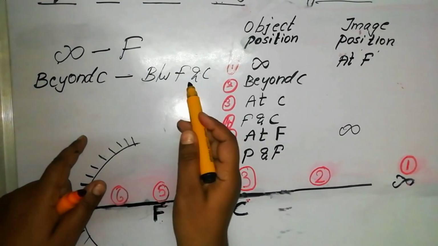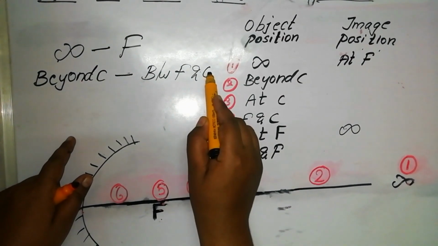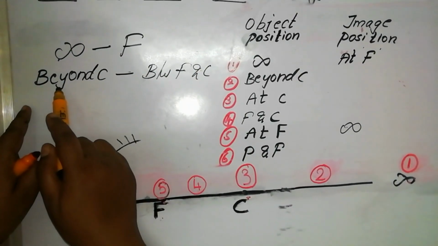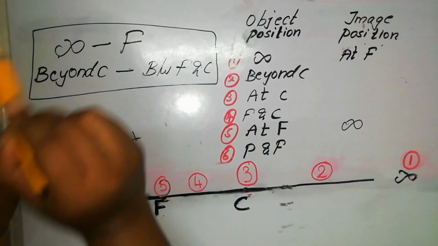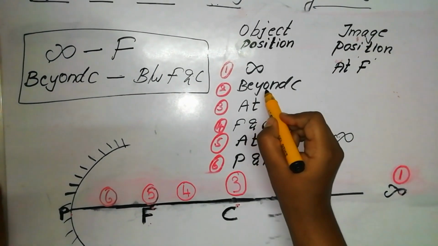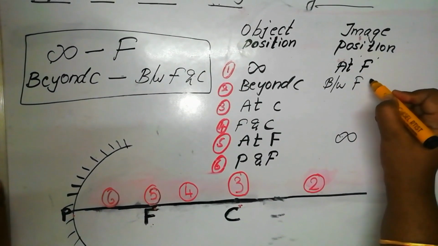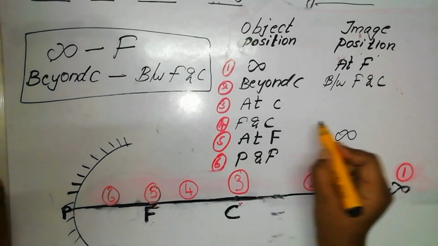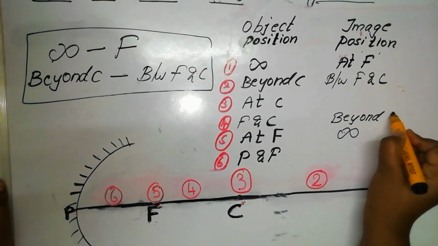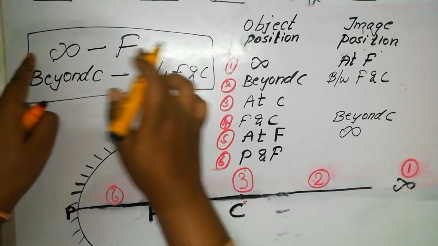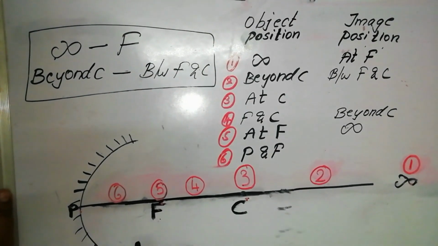In the other case, when the object is between the focus and the center of curvature, between F and C, we get the image beyond C. So now let's mark it down: beyond C, between F and C; between F and C, beyond C. So these are the two relations.